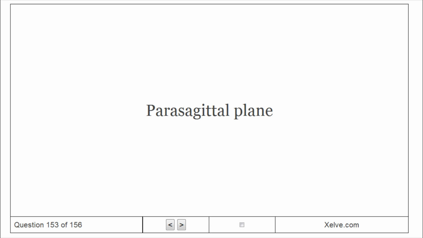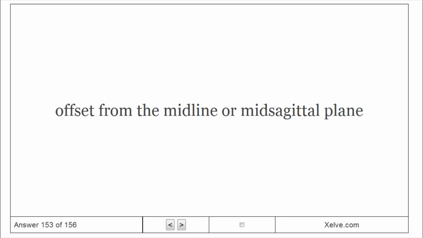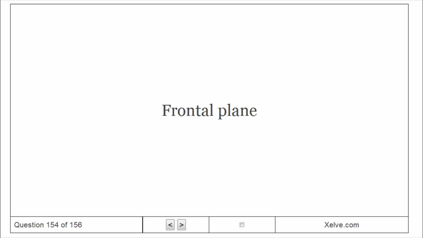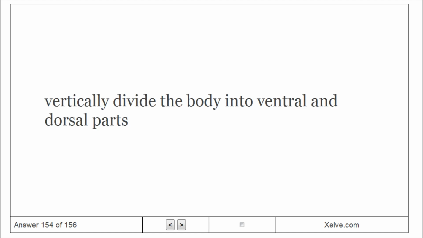Parasagittal plane. Offset from the midline or midsagittal plane. Frontal plane. Vertically divides the body into ventral and dorsal parts.